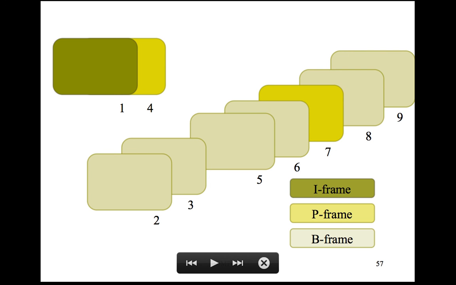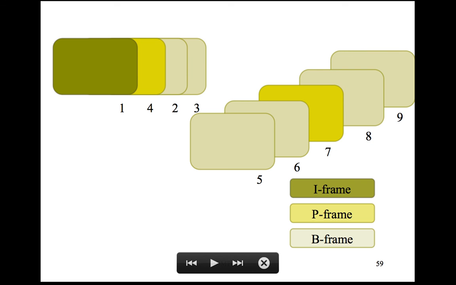So this requires us to transmit the frames in a different order from which they're going to be displayed. So when RTE is sending you the latest episode of Fair City or whatever, it's actually not sending the frames in the order that you're going to watch them.